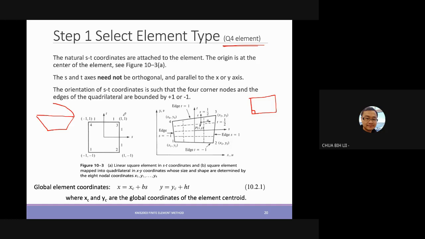Therefore, if we use a natural axis, S and T, we can define it attached to the S as well as T. So when we define the coordinates according to the S and T, the natural coordinates, it doesn't need to be orthogonal and parallel to the X and Y axes. What you need is that at this particular node, it must be 1.